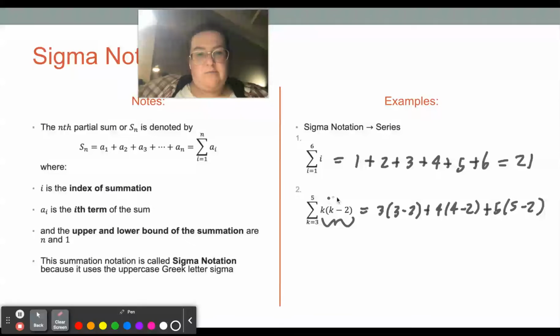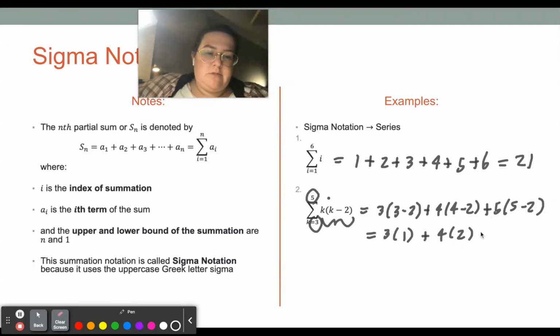You plug in 3 first, then 4, then 5, because this is your start and this is your end. And then you get 3 times 1 plus 4 times 2 plus 5 times 3, which is 3 plus 8 plus 15, which is 26.